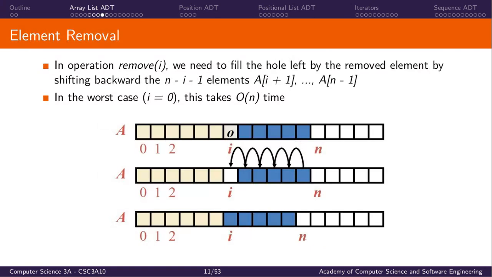So for remove, if we're removing at I, everything that came after I now has an index 1 less. It'll be moved to the left. Note that here we would store O, whatever was at index I, into a temporary variable because we're removing it, and then simply shift everything 1 to the left.